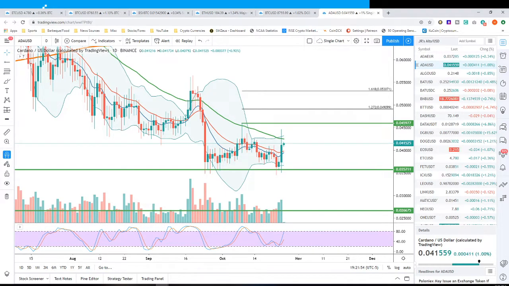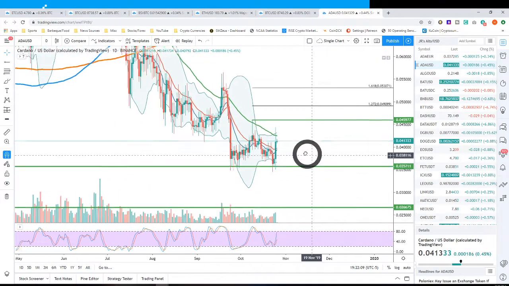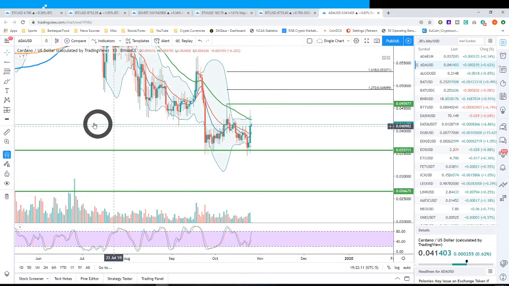Let's see. I don't understand when you say ADA is forming a bottom. I didn't say ADA on the BTC pair. I said it on the USD pair. And so when you look at this, tell me if I'm wrong.